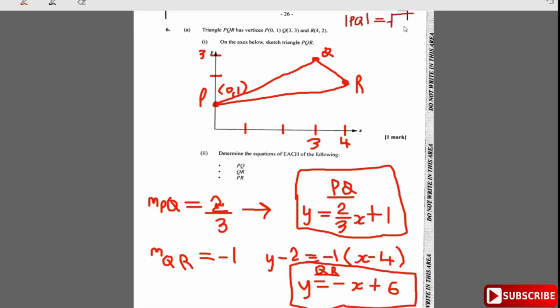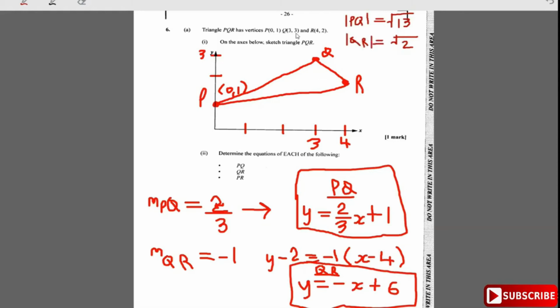That's PQ. QR is going to be 1 squared plus 3 minus 4, that's minus 1, squared, plus 1 squared, that's 2, so the length of QR is the square root of 2.